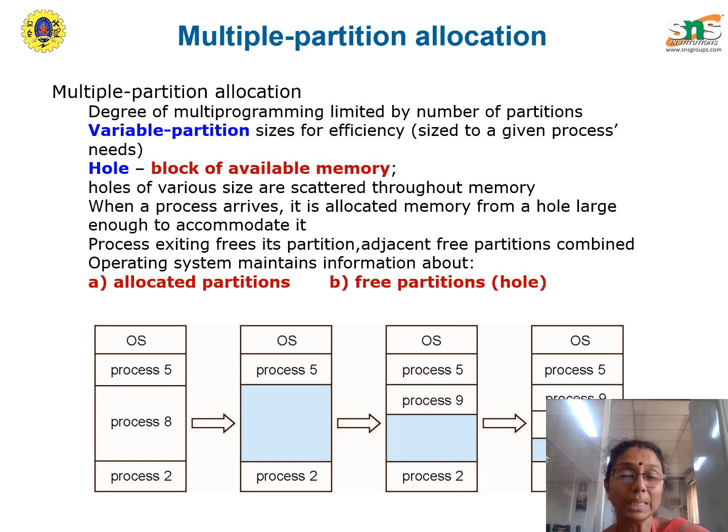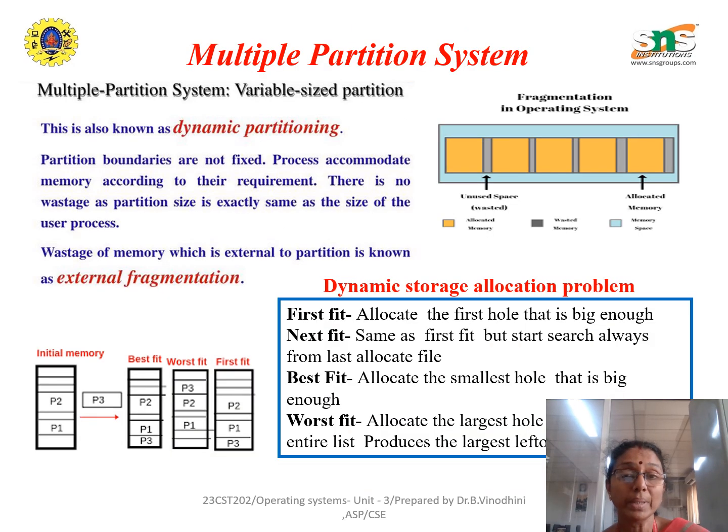So in multiple partition variable sizing, we have dynamic memory allocation methods: first fit, best fit, worst fit, and also next fit. These are the dynamic storage allocation methods used in multiple partition systems.